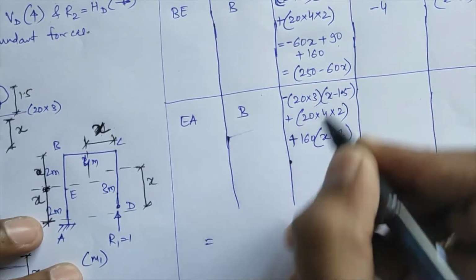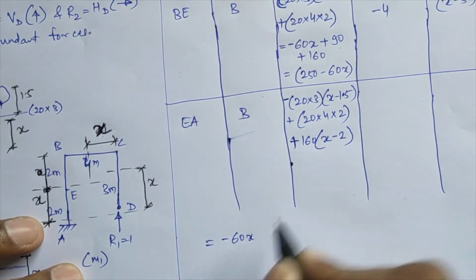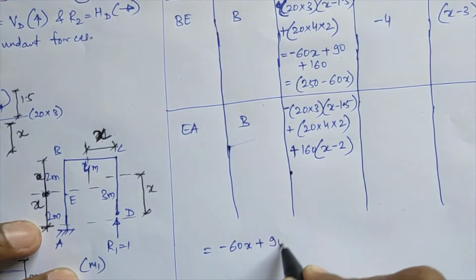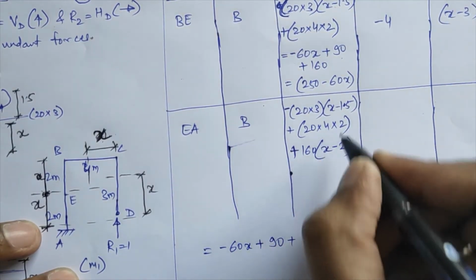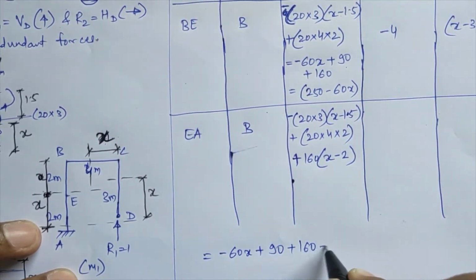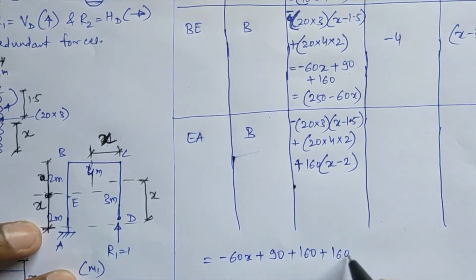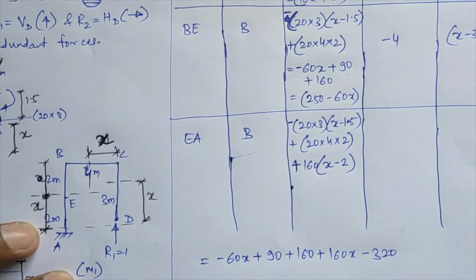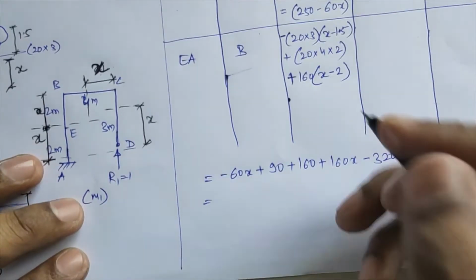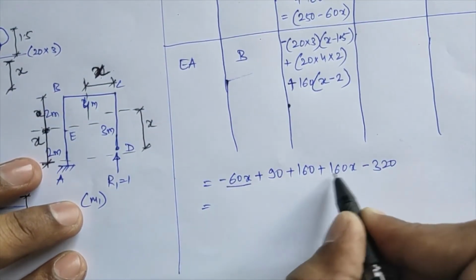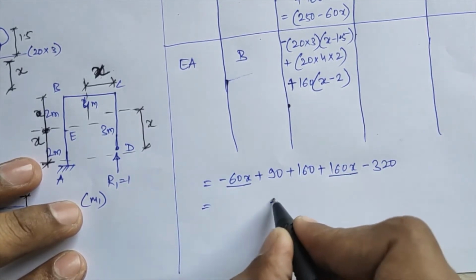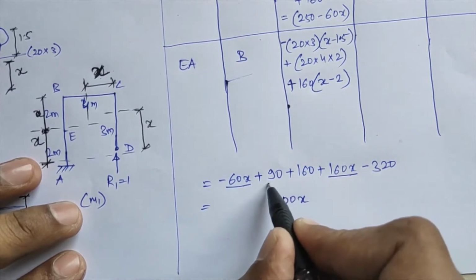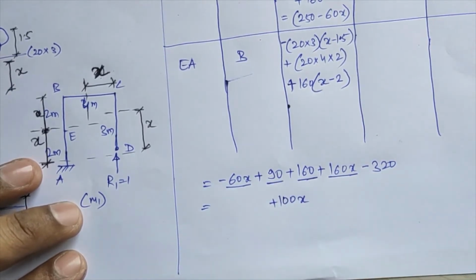Minus 20 into 3 into x, that I get as minus 60x, minus minus plus, that will become 20 into 3 into 1.5, I get that as 90, plus 20 into 4 into 2, this I have got 160, plus 160x minus 160 into 2, that becomes 320 over here. Okay, so I'll simplify this first for the value of x, minus 60x plus 160x, so I get that as plus 100x over there. Okay, this 90 plus 160, that is 250.